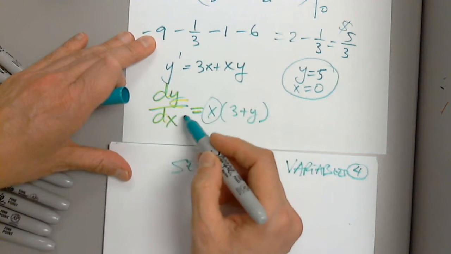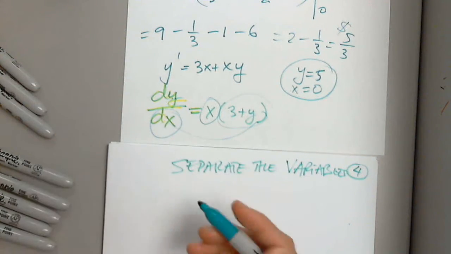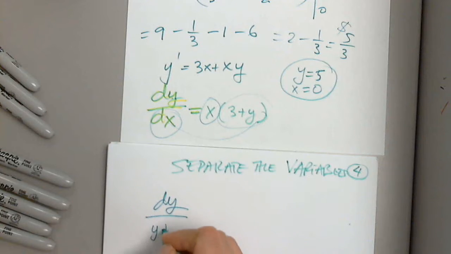So I want x with this, and I want this with this. So dy over y plus 3 equals x dx. So we cross multiply and then divide by y plus 3, if that's better.